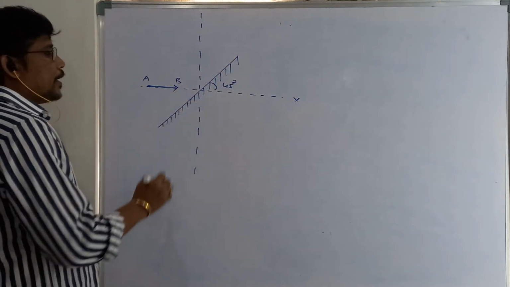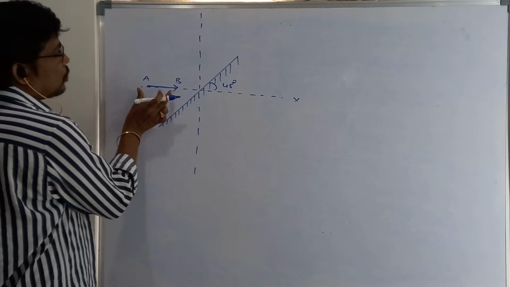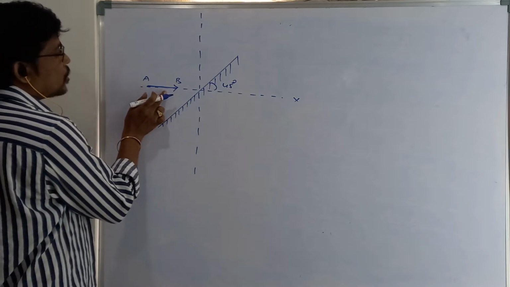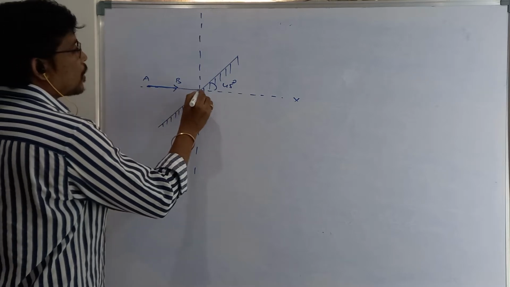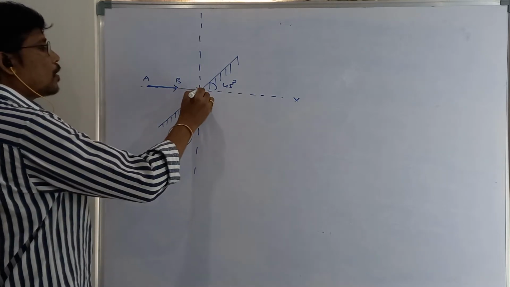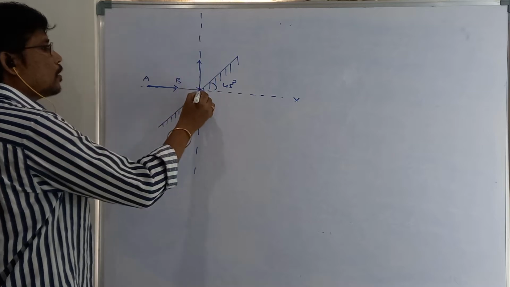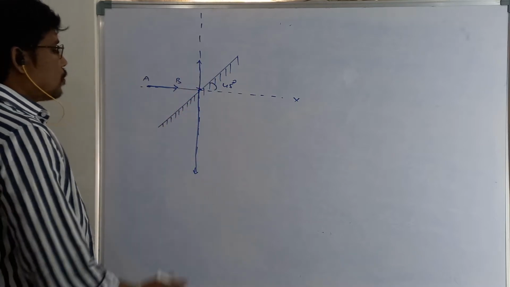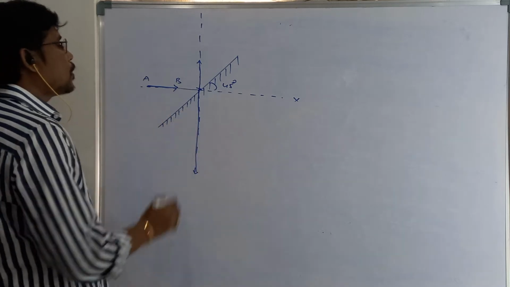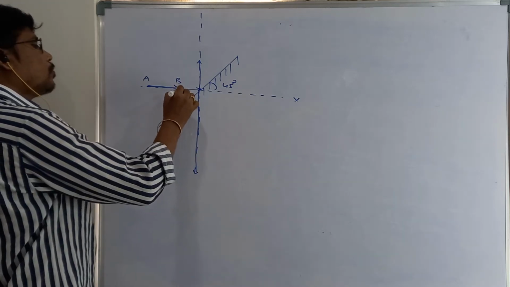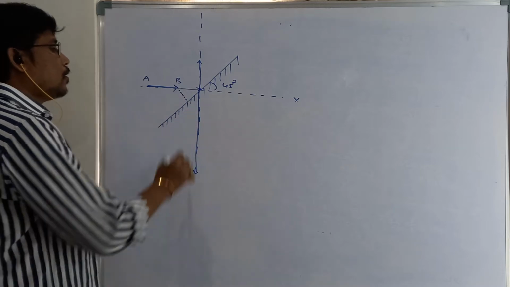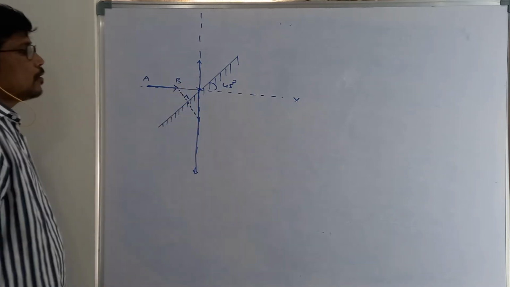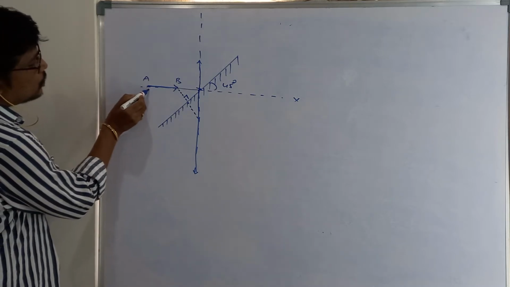Now let us draw a ray which is incident on this object, passes like this, and is reflected like this. If you extend it, the image is found somewhere here. Draw a normal to the surface; carefully, it is 90 degrees.